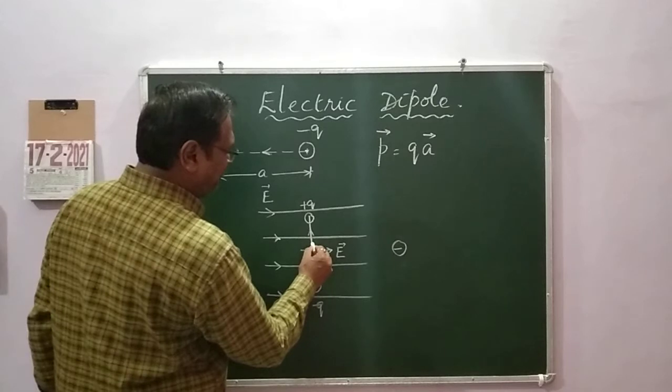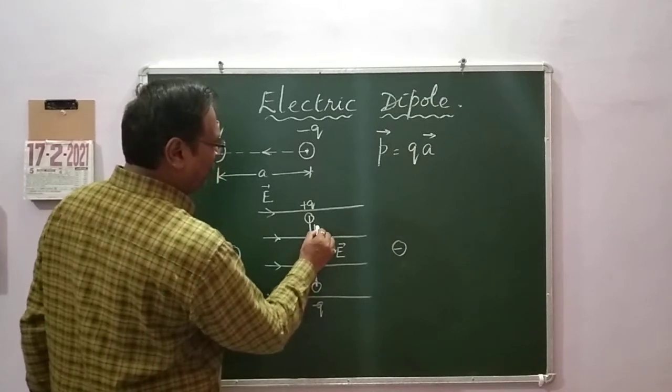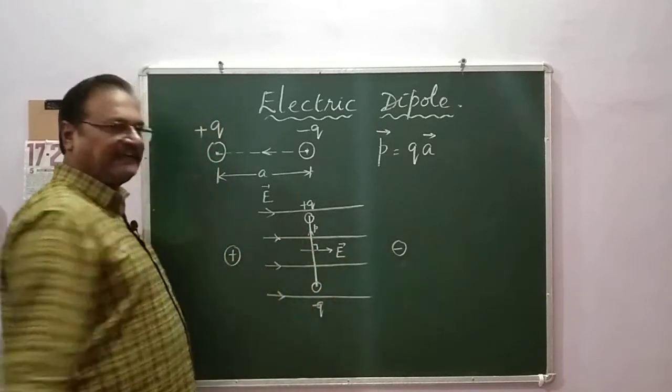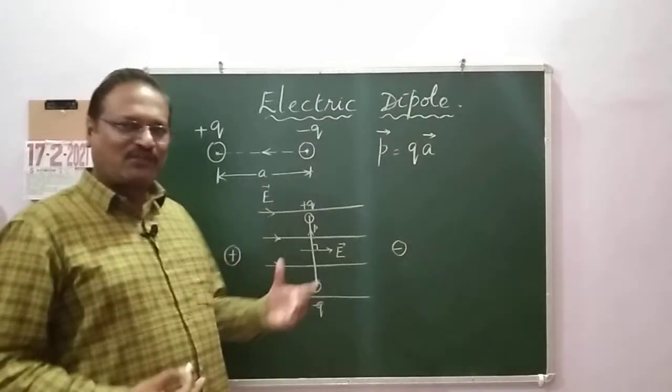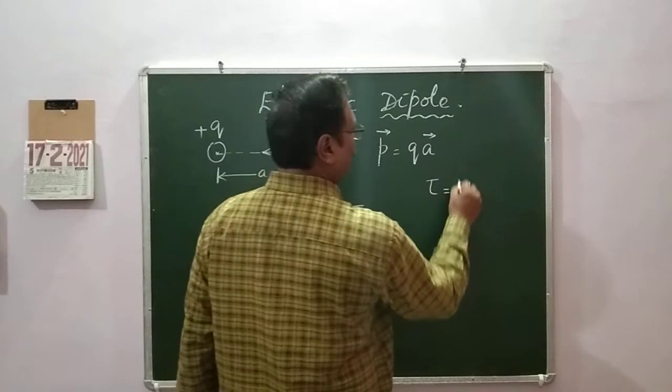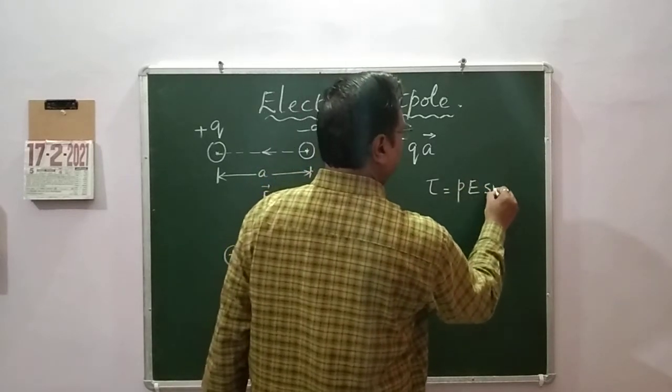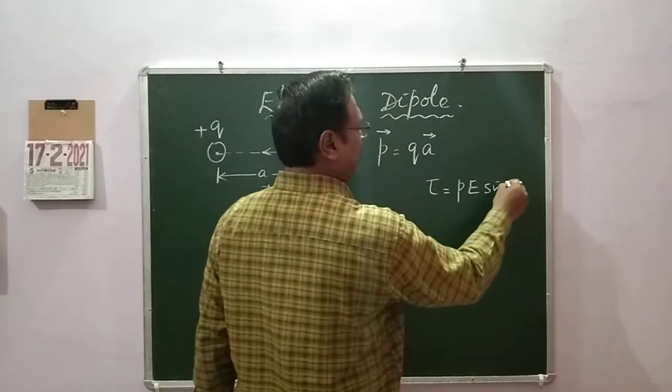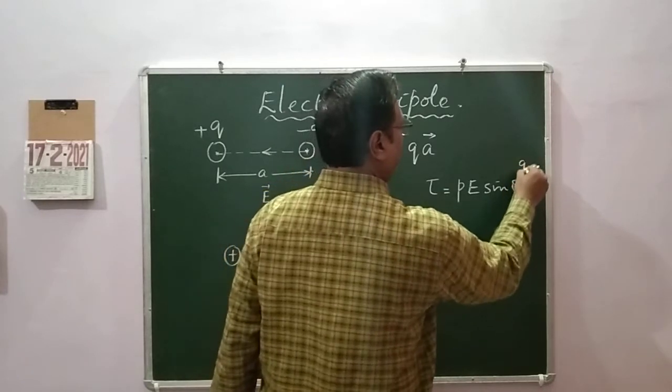So the angle subtended between the dipole moment and the electric field is 90 degrees. We know that torque tau is equal to PE sin theta, and theta is equal to 90 degrees.